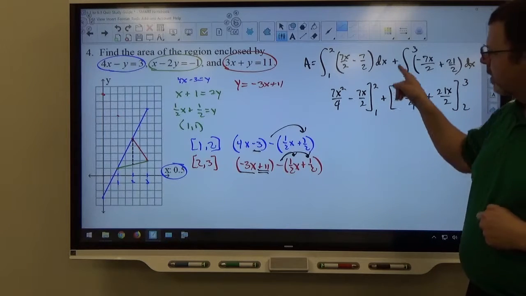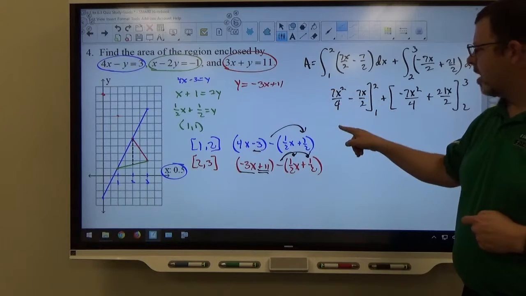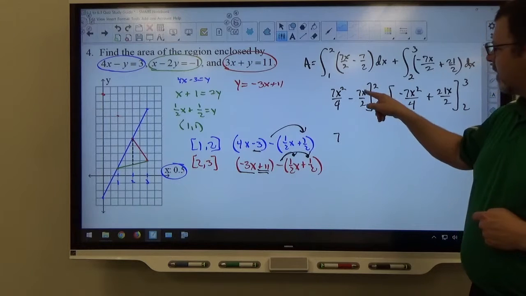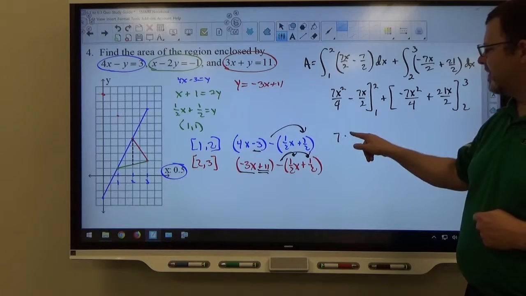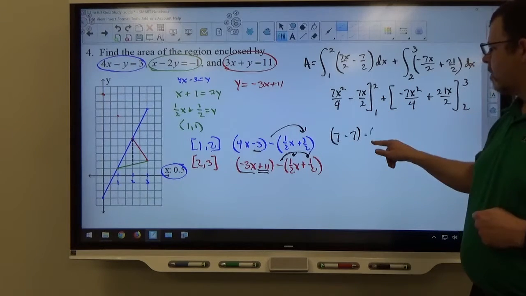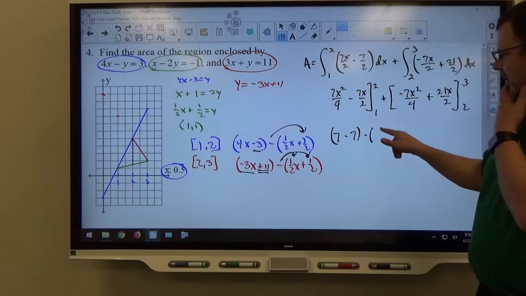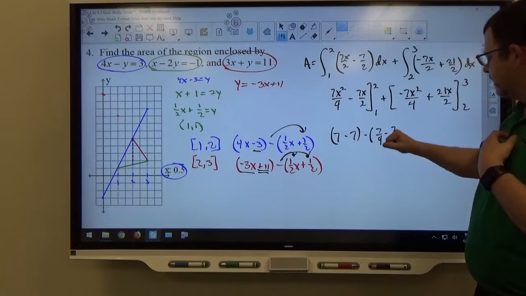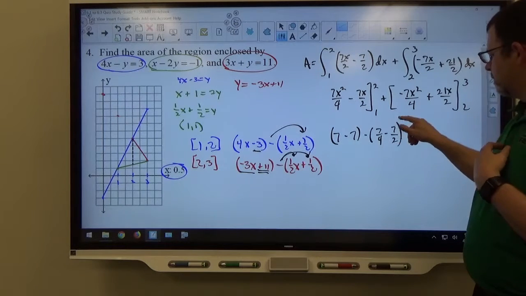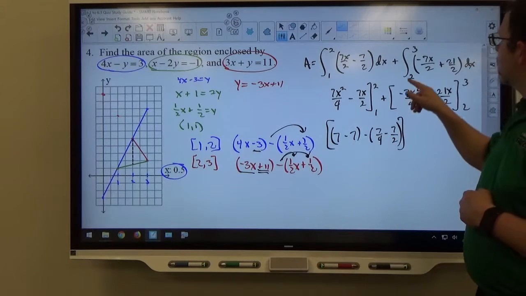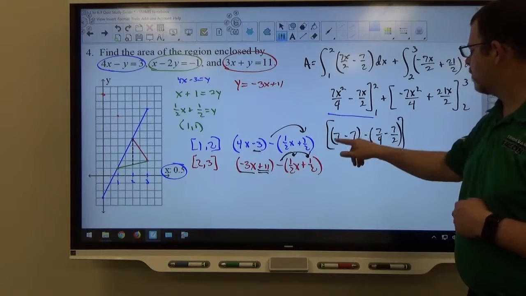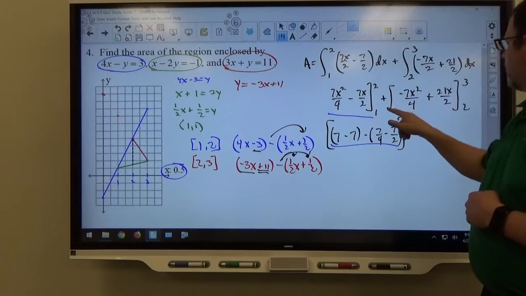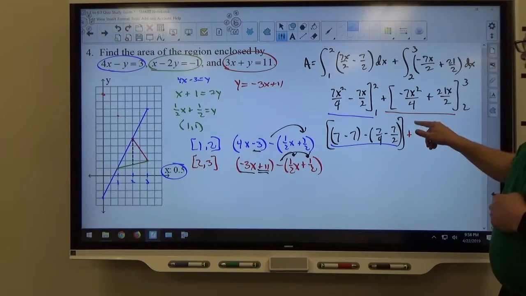So if I put 2 in, 4 times 7 is 28, divided by 4 is 7. 7 times 2 is 14, divided by 2 is 7. If I put 1 in, 7 over 4 makes 7 fourths, and 7 over 2 makes minus 7 halves. Use some colors here. That was this one, and that's this one, so plus.